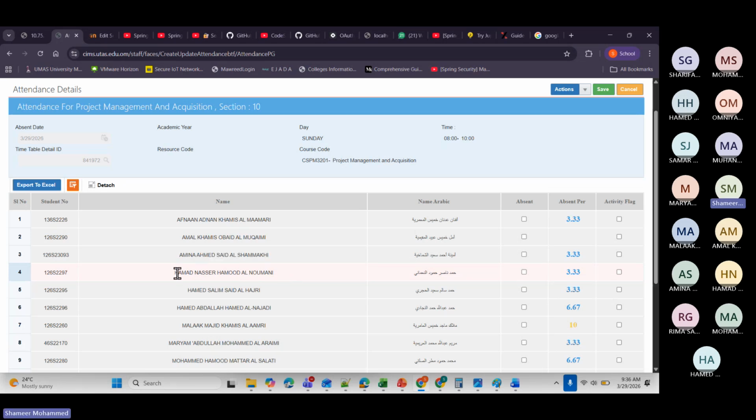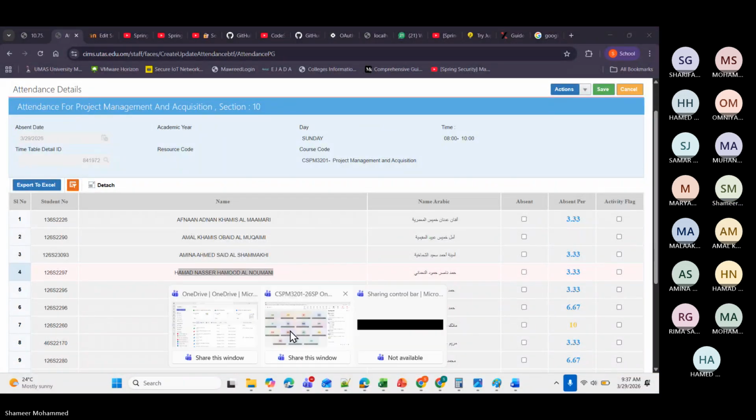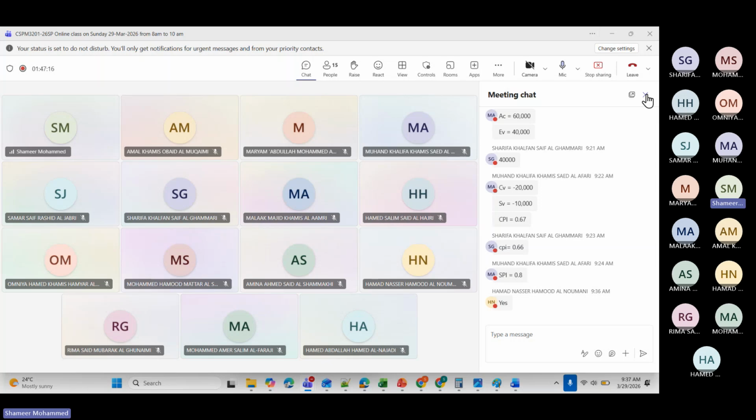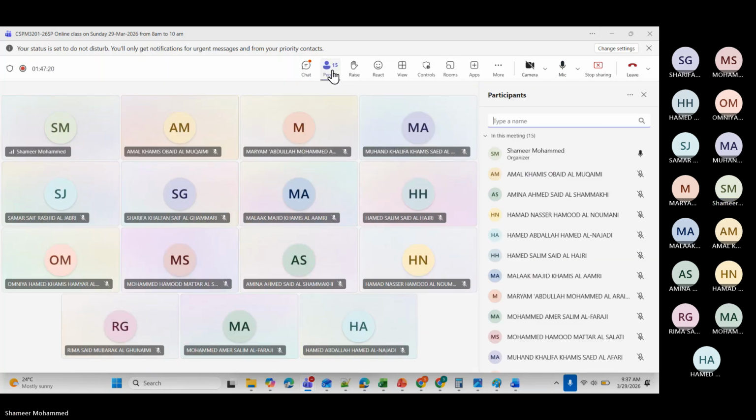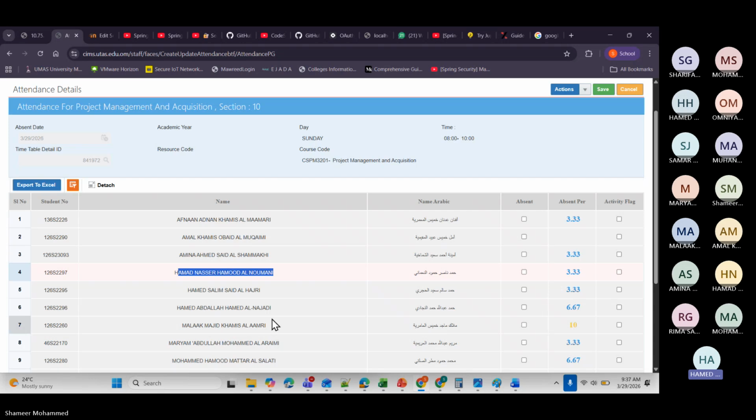Hamad is present. Hamid Al Hajri present.